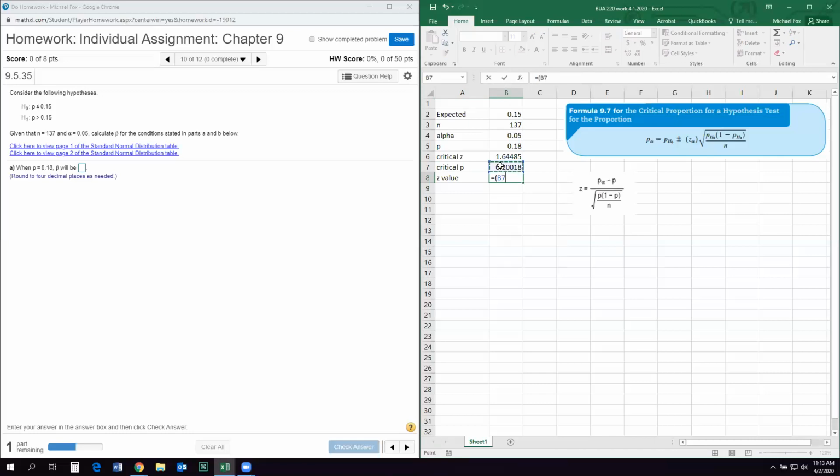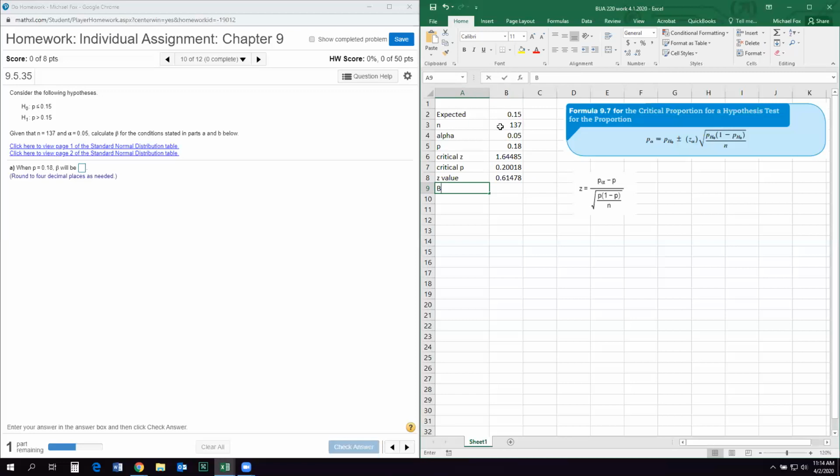My critical P minus P, that's the numerator, divided by the square root of P times 1 minus P divided by n. So there's my z value. So like I said, this is a lot of layers and kind of complex.